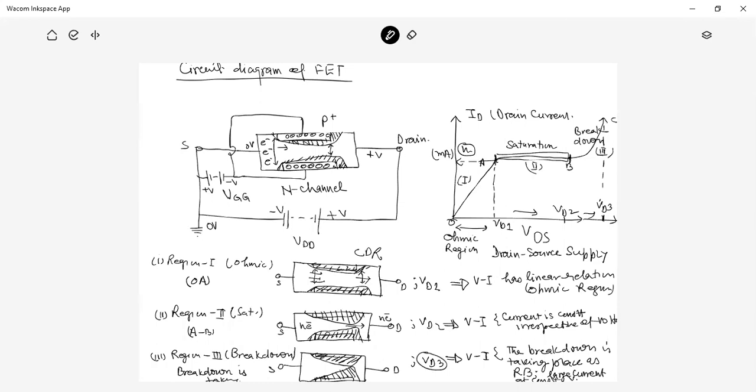At constant voltage, large current is flowing. So this one is called the drain characteristic curve.